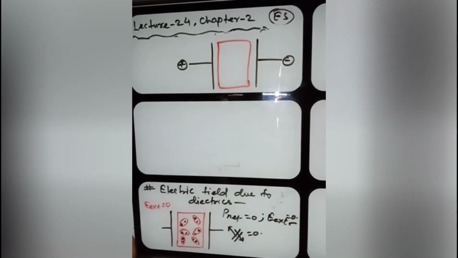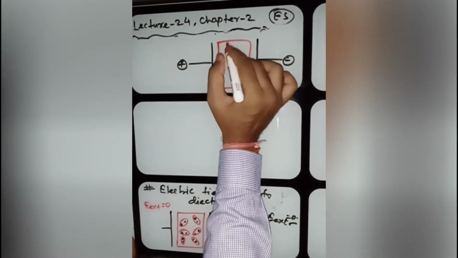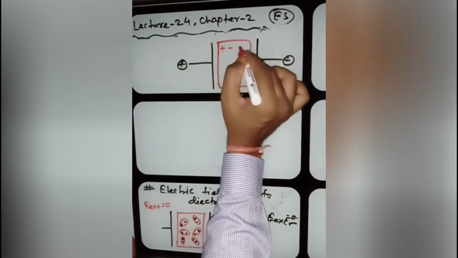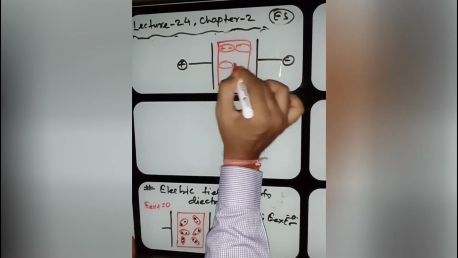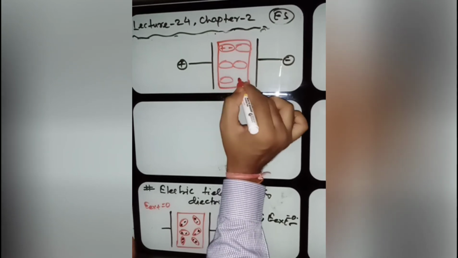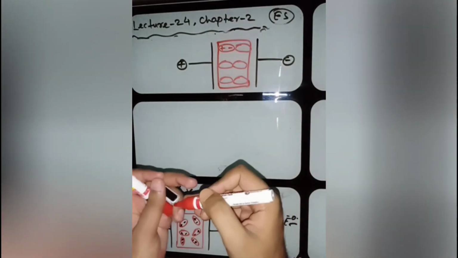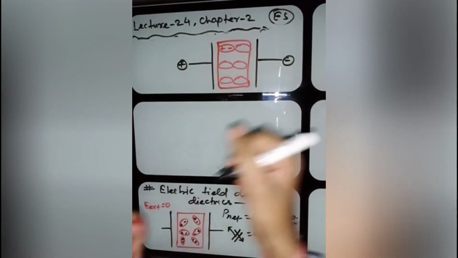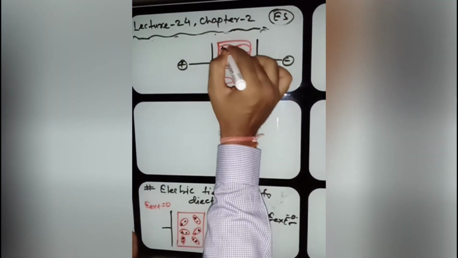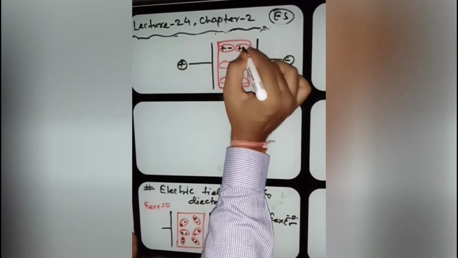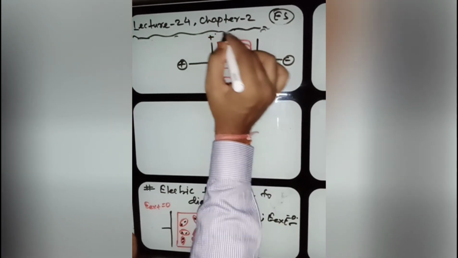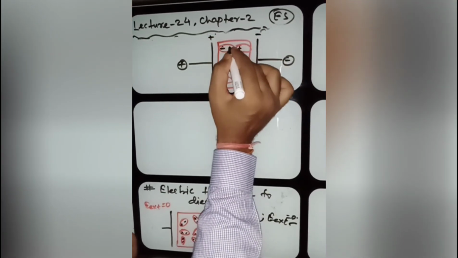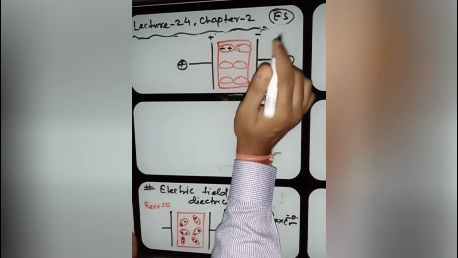I am representing only a few atoms here. With plus and minus, minus will come this side and plus this side.